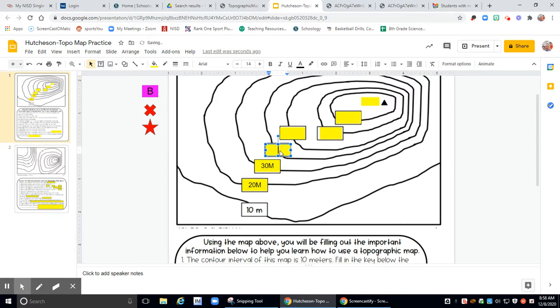This line here would be 40 meters. And then this line here is going to be 50 meters. This line here is going to be 60 meters. And then this line here is going to be 70 meters. So this point right here, because it's not on a line, it could be higher than 70, but it could not be higher than 80, because if it was higher than 80, we would have another contour line.